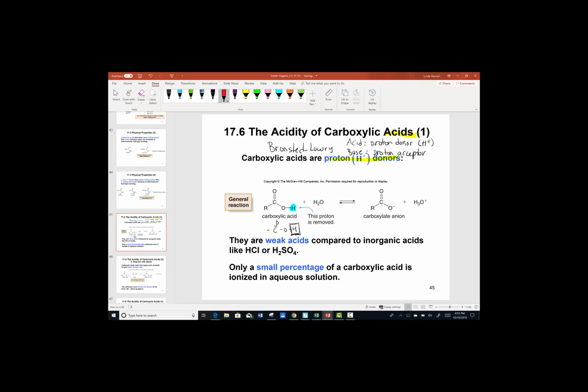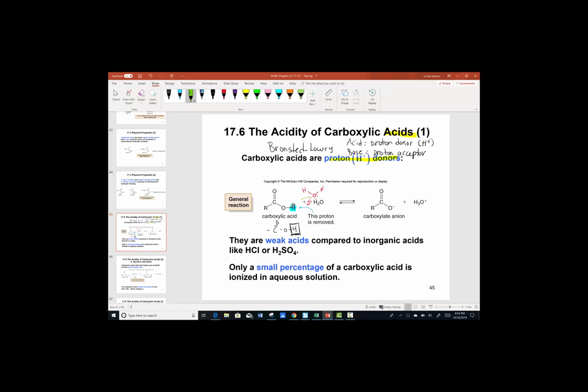Recall water is written as HOH, and it has these electrons on the oxygen, making it very electron rich. So if this is a very negative region on the water molecule, and this is a very positive region, a positive proton, we can see a proton transfer occurring. And that's exactly what happens.